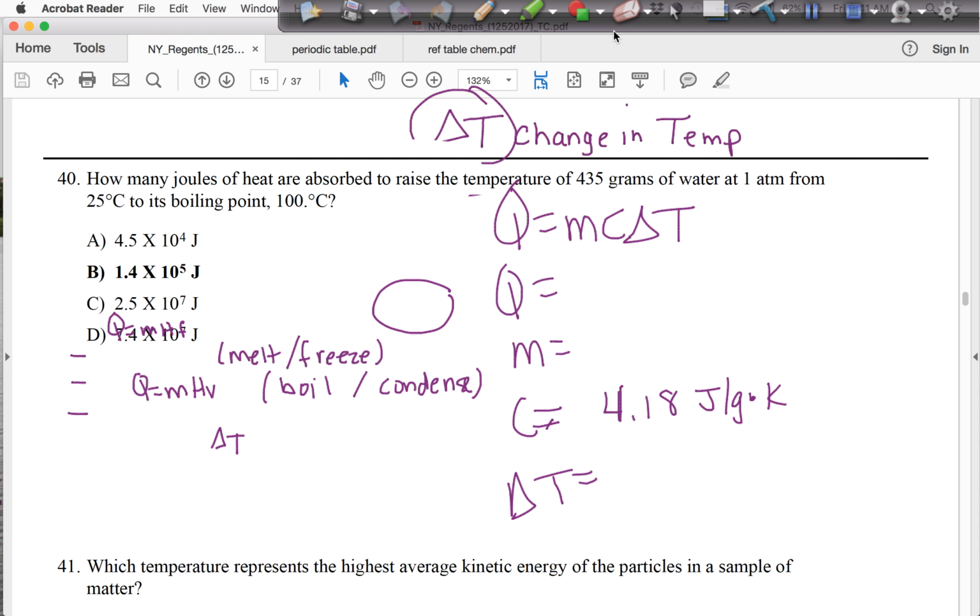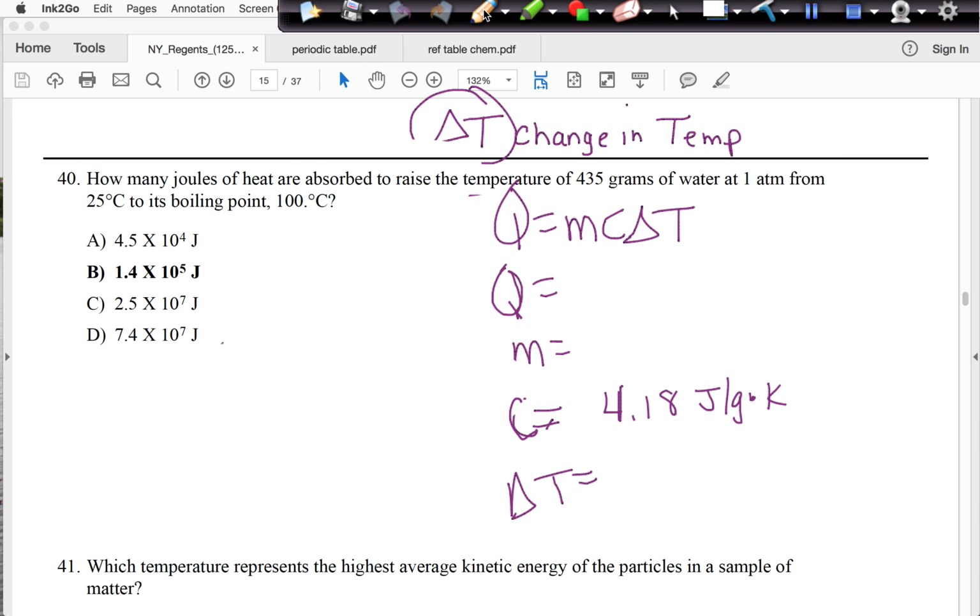When we look back at our question, we're looking for the Q or the heat, the mass is 435 grams, and the delta T is going to be 100 minus 25, which is equal to 75.